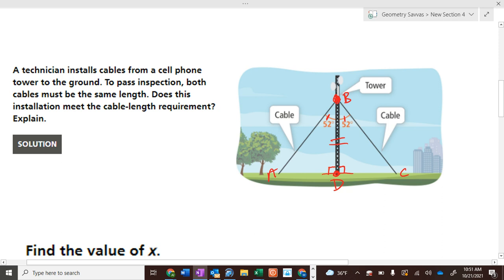So when you have a proof, when you share a side or you share an angle, that'll come up this chapter quite a bit, so you need to know that. When you share a side or share an angle, that's a reflexive property. Okay, so now I have angle side angle, and I can say by CPCTC, this cable's congruent to this cable.